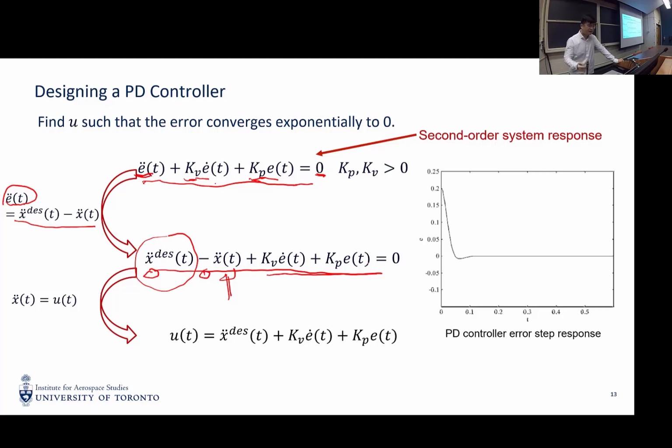Then by using the dynamics of the system, we also know that x double dot equals u, so we can replace x double dot with u. Eventually we arrive at this term, which gives you the so-called PD controller. The first term is a feed forward term.